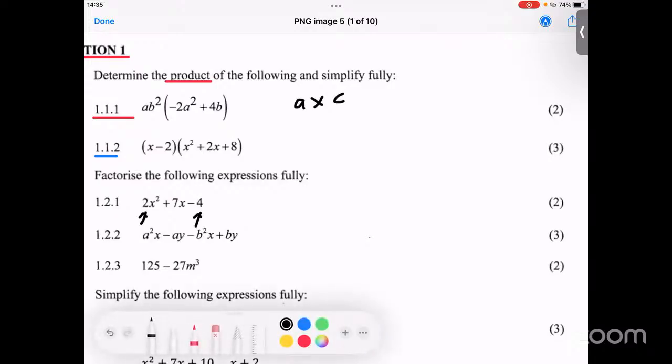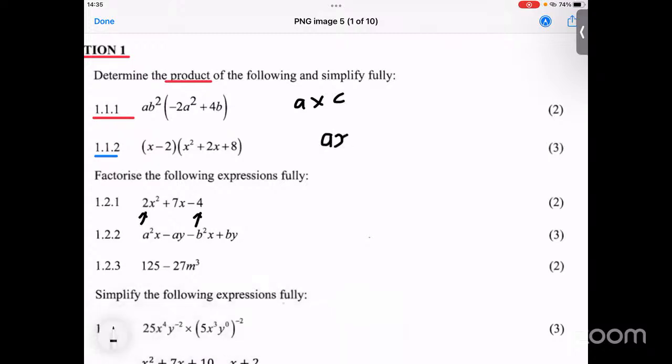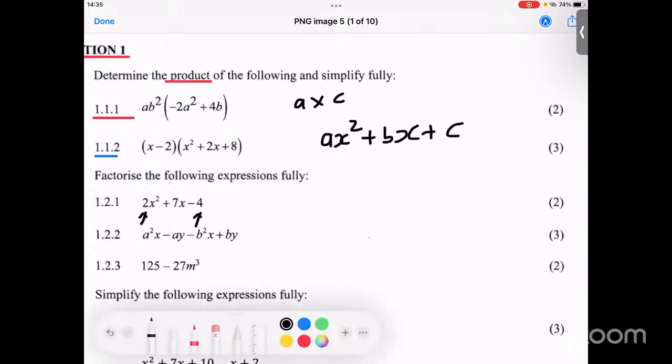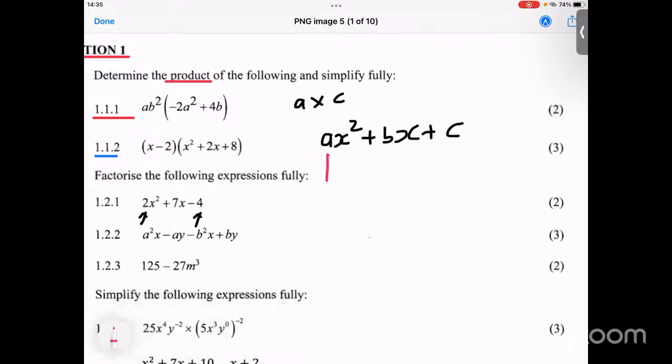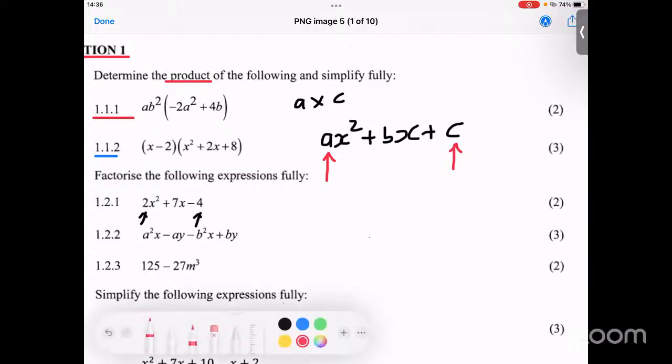Remember, the format of that expression is ax squared plus bx plus c. So this is a quadratic expression. So you will always take that a value and multiply it by that c value.